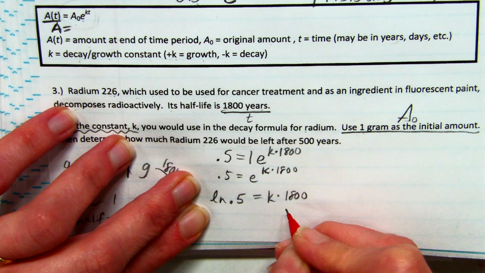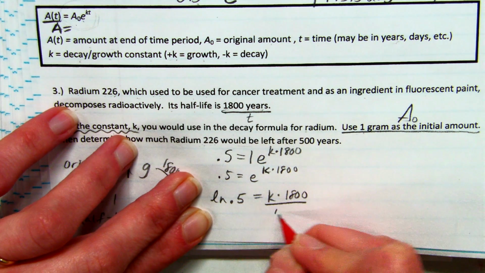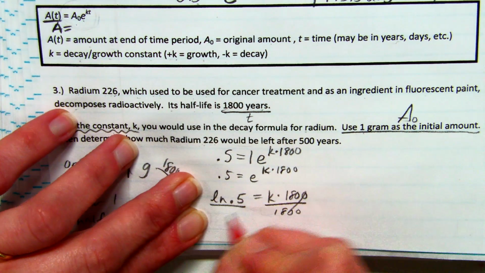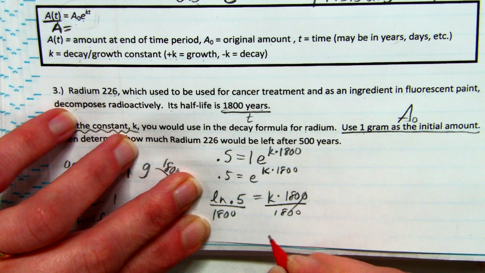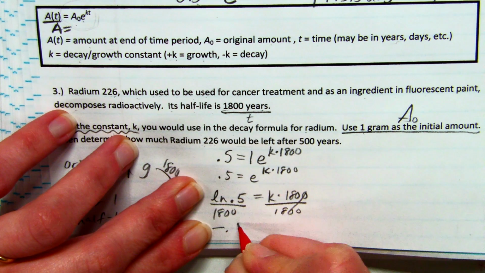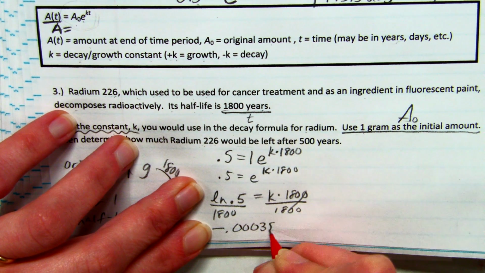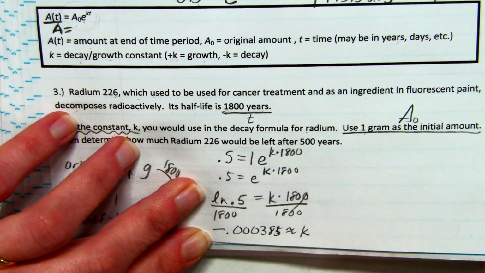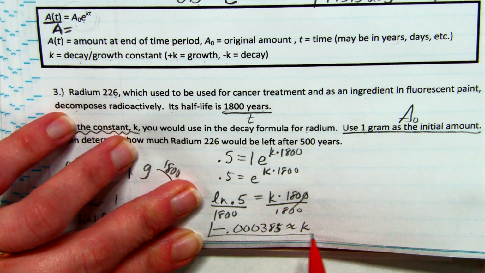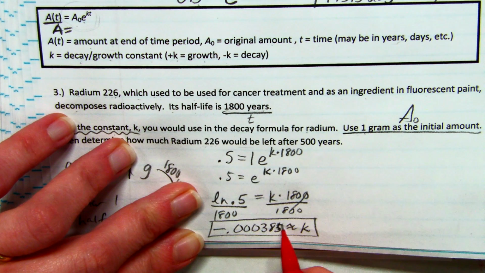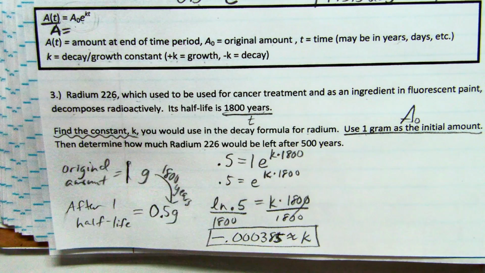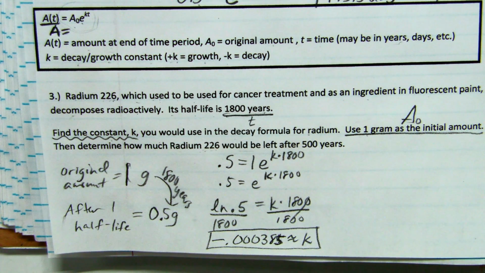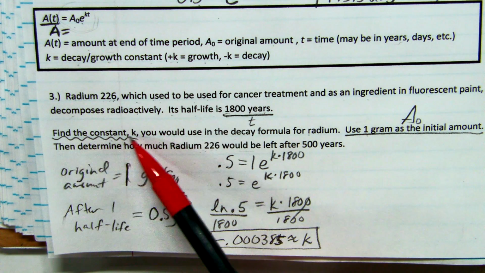And then to solve for K, we would divide by 1,800, and we'll get negative 0.000385, and so on. It's approximately equal to K. I'm looking at last year's notes, so I don't remember if I rounded that last number or what exactly happened. So you might type that in your calculator and check. So that's the answer to the first question where it says find the constant K.